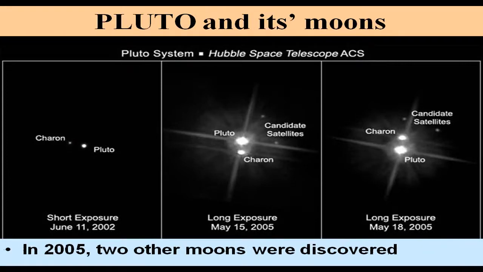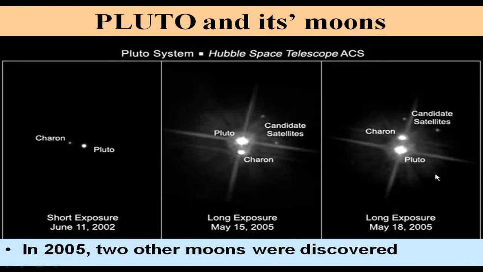In 2005, the Hubble Space Telescope was devoted for 3 days to take a long exposure of Pluto, which is amazing, that all the astronomers would allow this great telescope to be used for 3 days to take a high-resolution photograph of Pluto. The result was that Charon was clearly discerned, and then 2 other objects were seen to be satellites or moons of Pluto. 3 days later, another long exposure was taken, and indeed, those 2 other objects turned out to be satellites of Pluto.